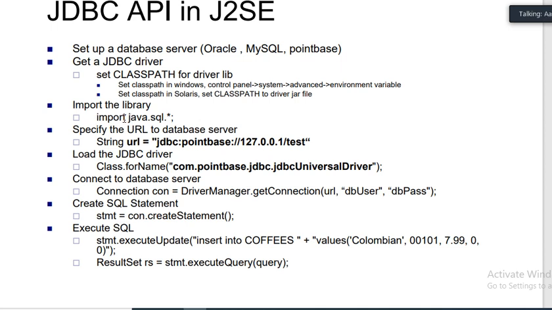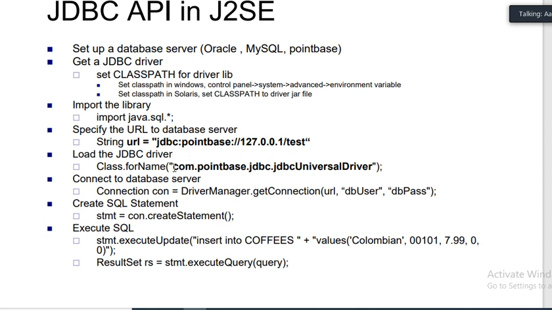So how does the code look? Import java.sql.*. You specify the URL string, jdbc:, then the database type. In case of Postgres it will be a different one, something like jdbc:postgresql. You specify localhost and a port. This URL string may differ between Postgres and Oracle, so you need to be very sure about it.